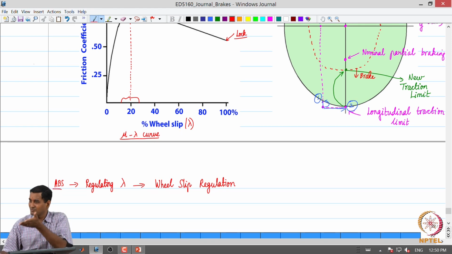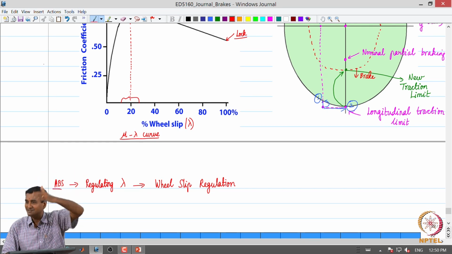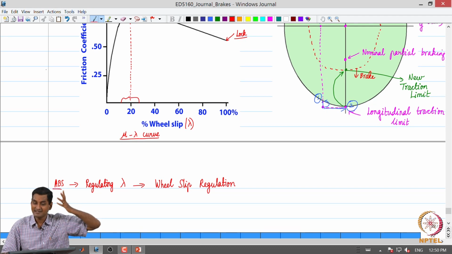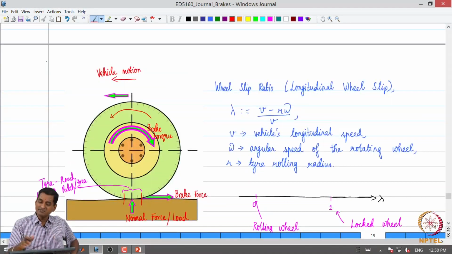That is the whole philosophy of control. You calculate the difference between what we desire and what is the actual, and take corrective action as and when required. But that is where another challenge comes, because if you look at the definition of wheel slip ratio, I do not know what is the current value of lambda. Why? Because I do not know V.